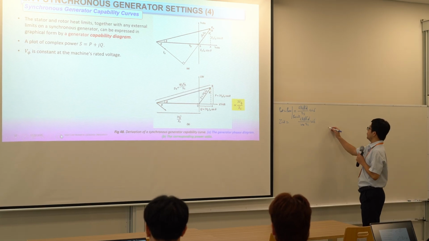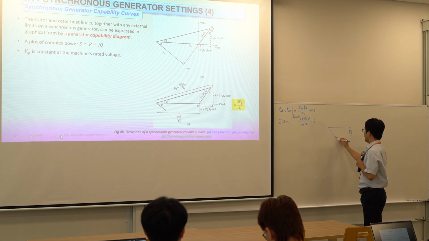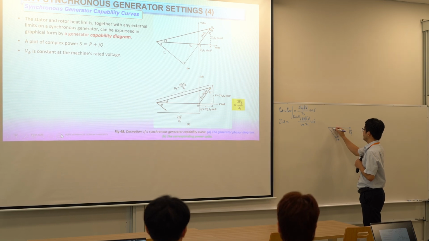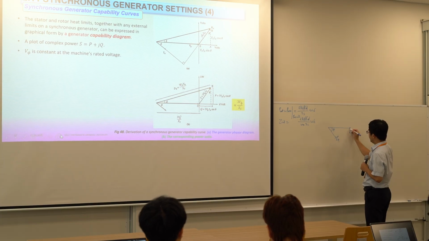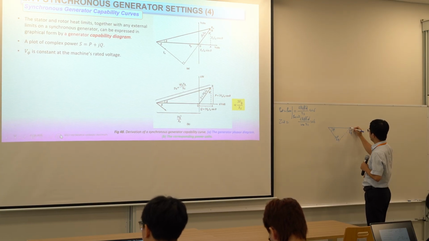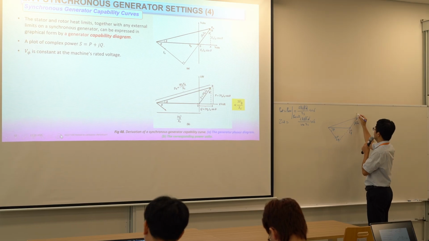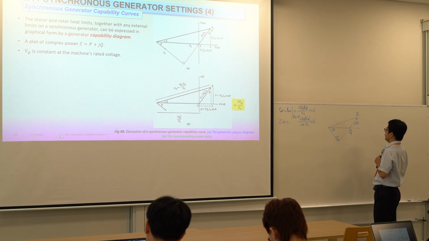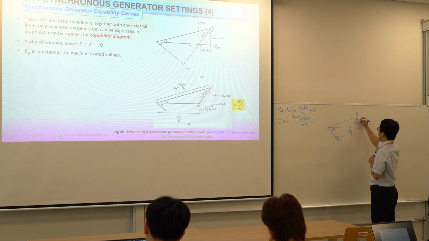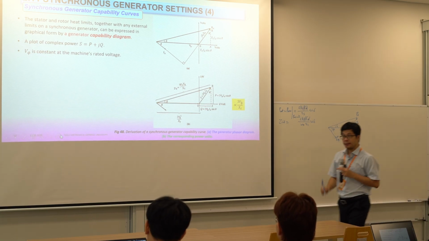So now we have V phase. We have IA lagging with theta phase angle. Here you get jXS IA, and this one is EA. So this is delta.